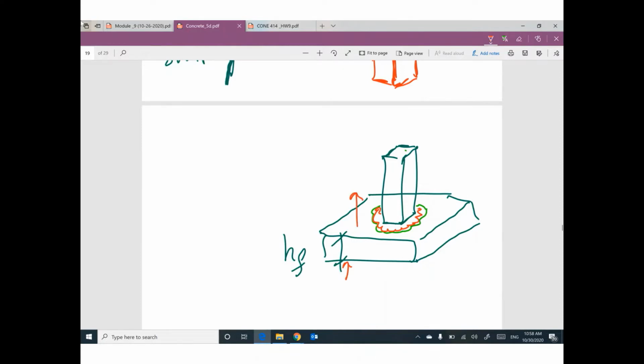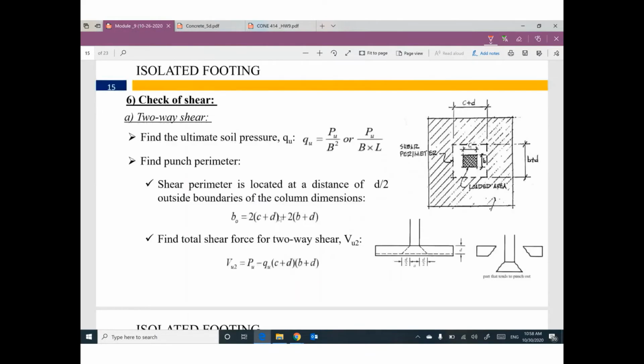I believe I have a picture here like this. So this column will push this part of the footing down, and the soil pressure will push the remaining part up. So we can expect punching like this.